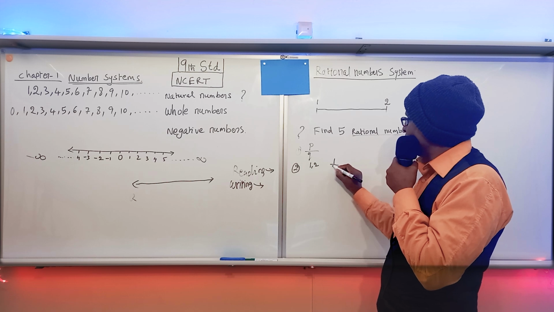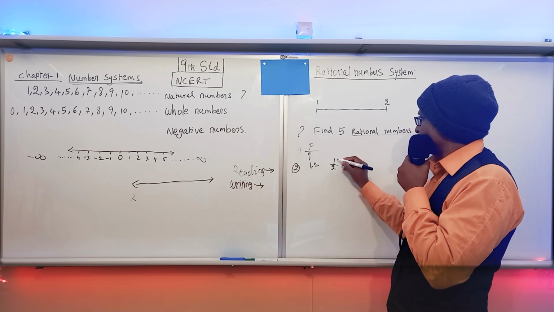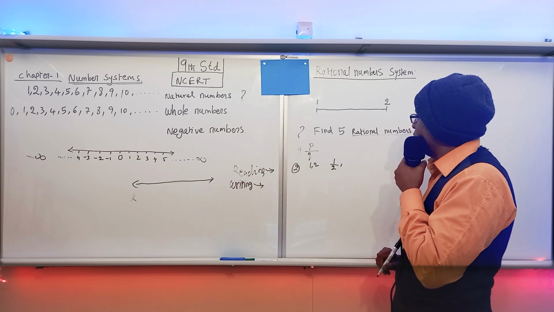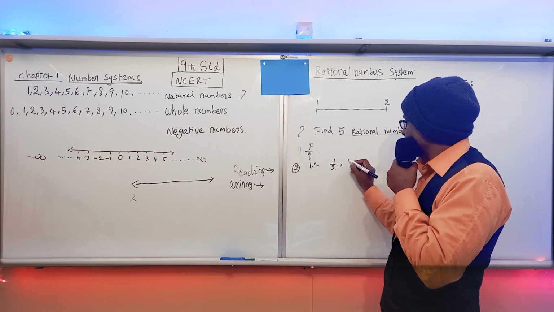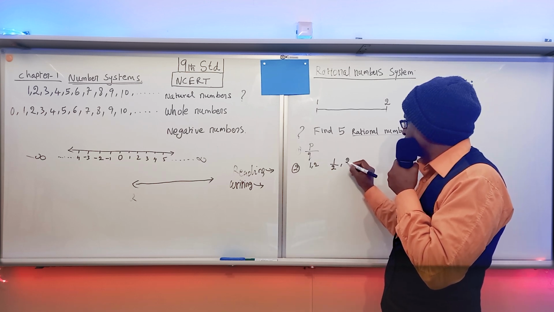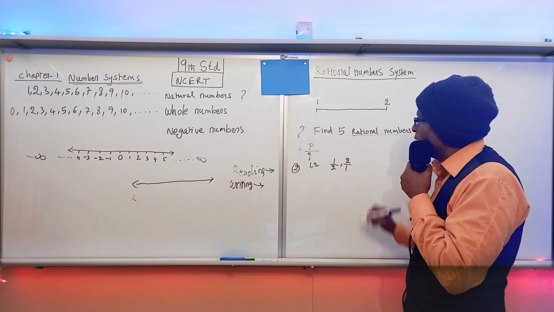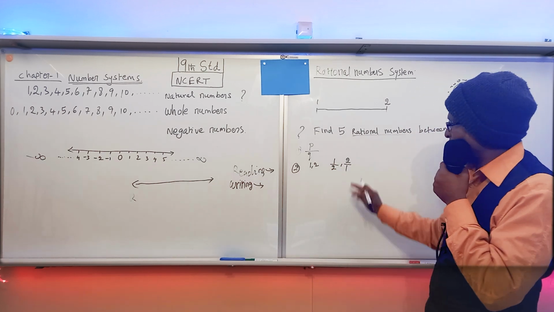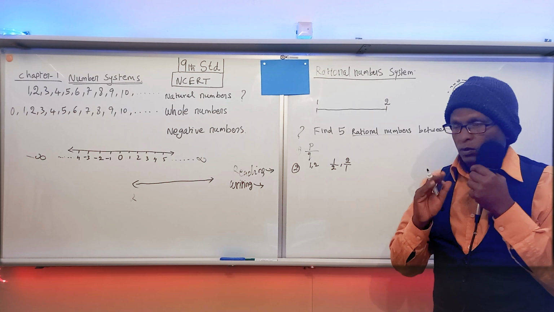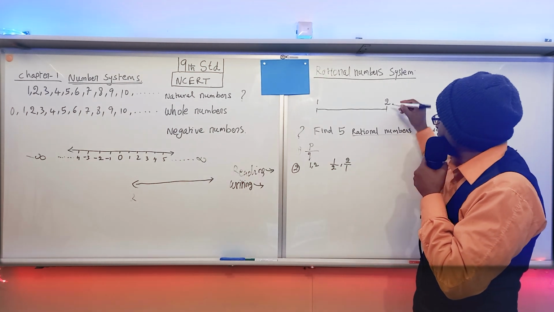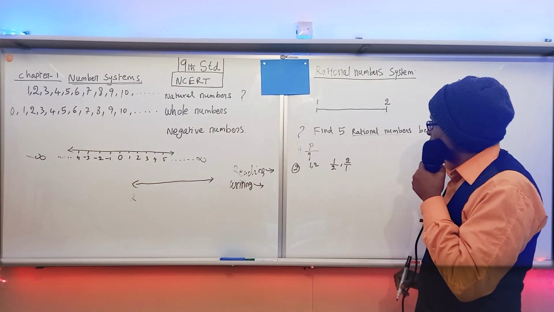If I do it like this, it's also a rational number, half. If I do 2 by 1, it's also a rational number, because you can divide any number by 1. But 2 by 1 is 2, this one.